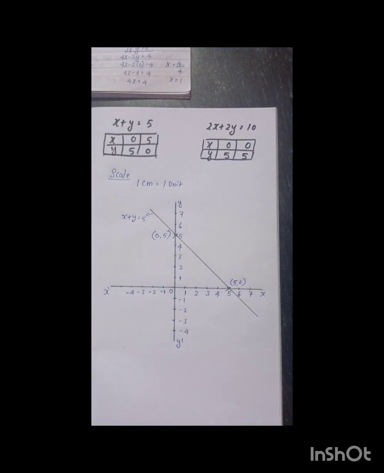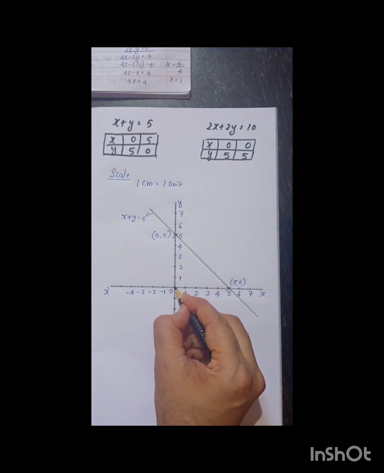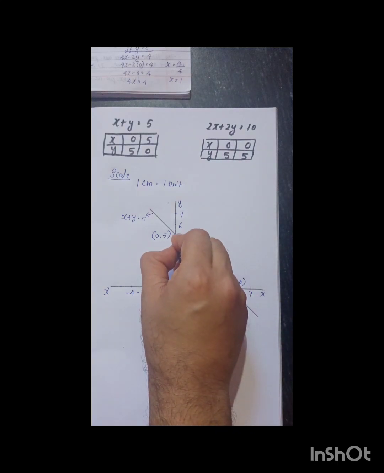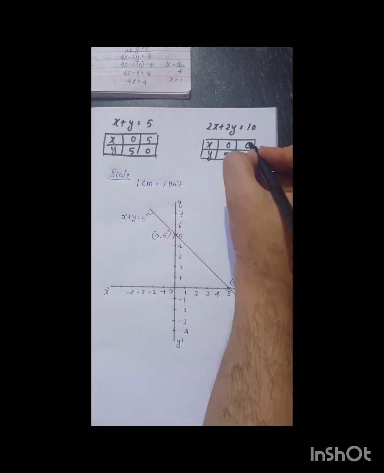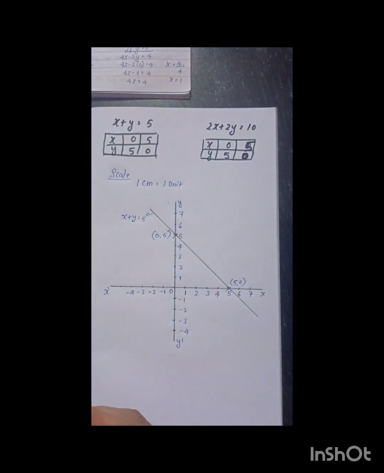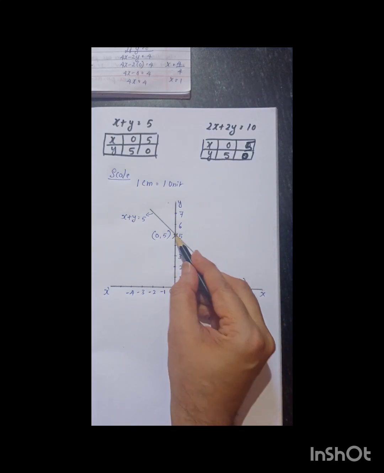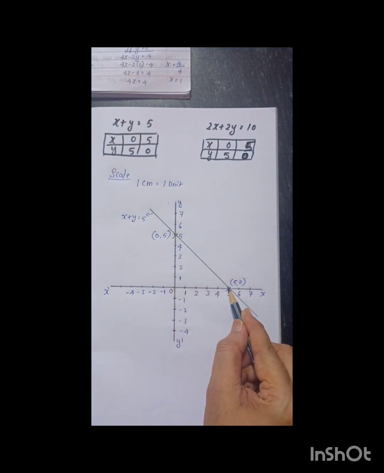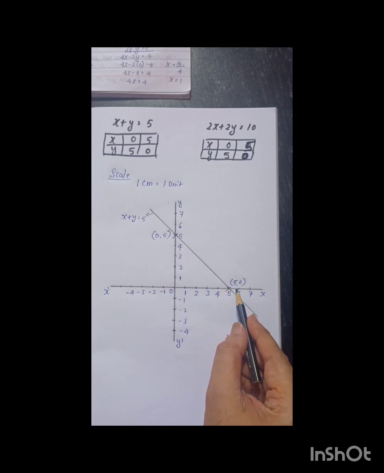Let's check the second one. Here, if x equals 0, y equals 5, on the same point. If y equals 0, x equals 5. Yes, once again, if x equals 0, y equals 5, and if x equals 5, y equals 0, we get the same points once again.